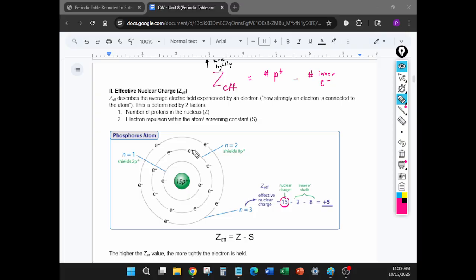There are 8 in the second shell and 2 in the first shell, so the number of inner shell electrons is 10. So 15 minus 10, the Zeff is plus 5. The electrons in the outside shell have a Zeff of positive 5.